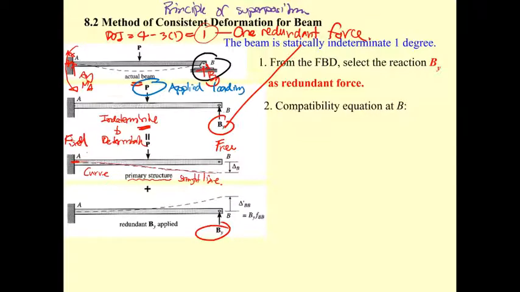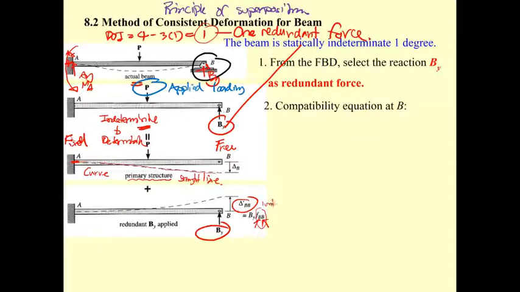The redundant force is going to push this curve up, delta prime sub BB. Since B sub y is unknown, delta prime sub BB is also unknown. So practically, we let B sub y equal 1 and do the calculation. We calculate the deflection at B due to the applied force, delta sub B, and this is due to the one unit load.